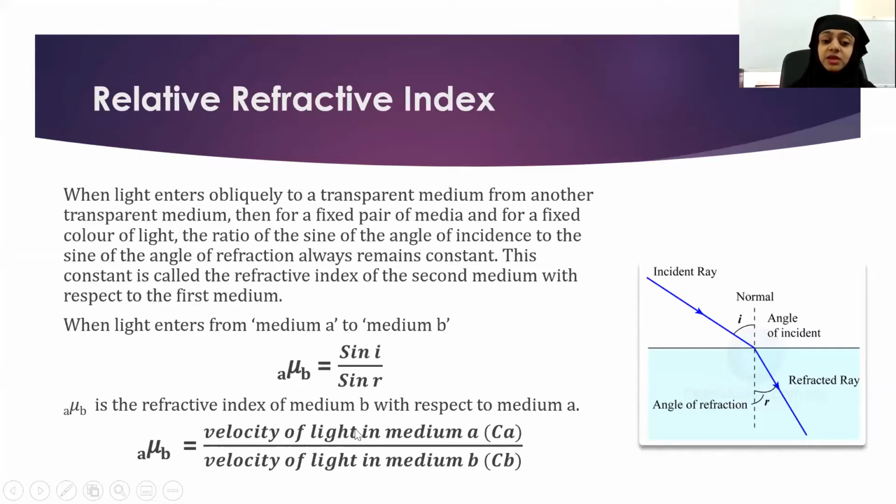And refractive index of a medium can also be expressed in terms of the velocity of light. Have you learned this before? How to express refractive index in terms of the velocity of light?